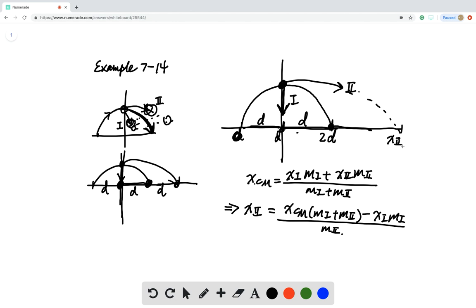The first case, A, is when we have m1 equals 1/3 of m2.